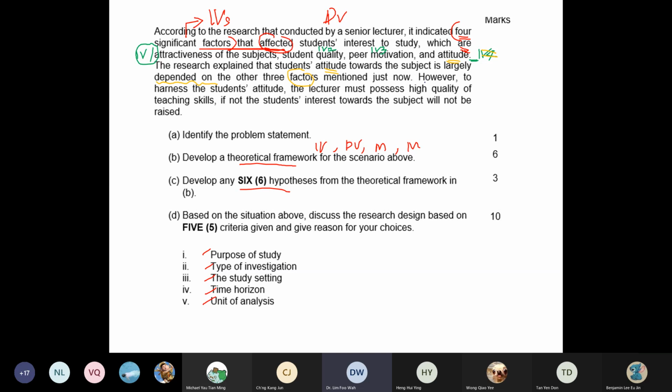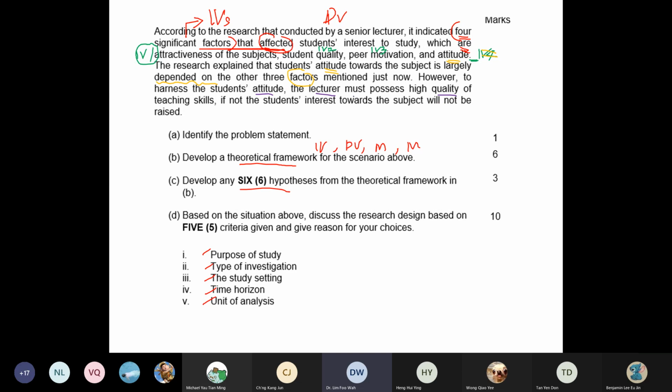However, to harness the student attitude, the lecturer must possess high quality of teaching skill, meaning the lecturer quality. Talking about the attitude, the question is trying to tell you that something is going to influence the relationship between the attitude and the student interest to study.